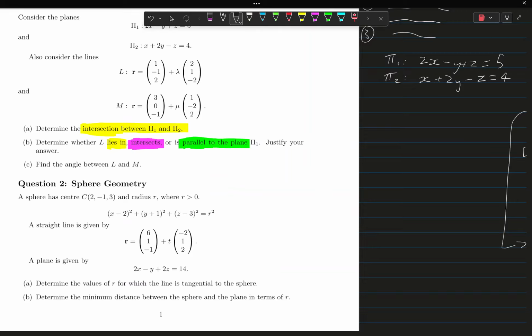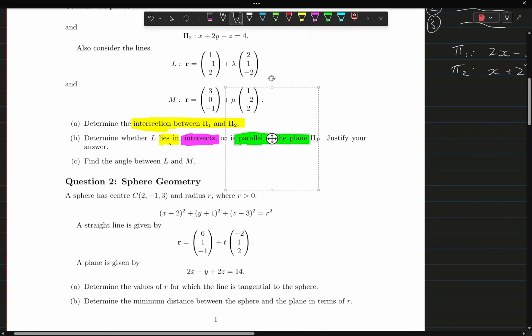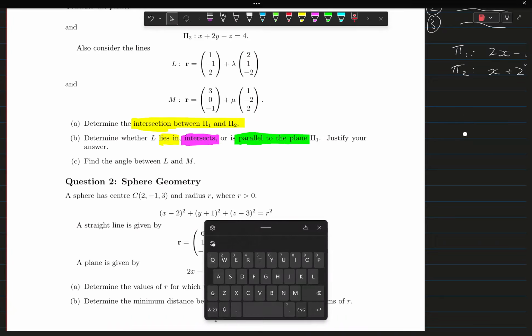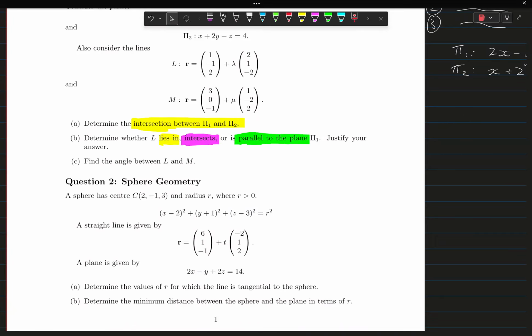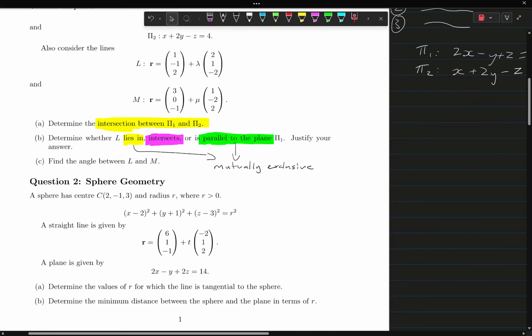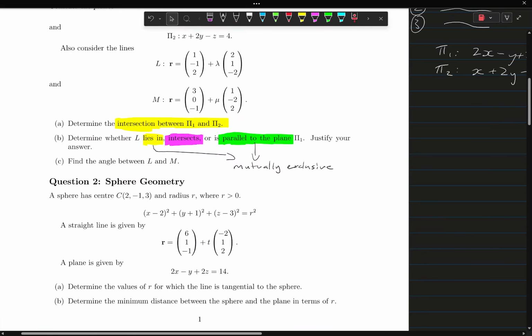So what we have is it either lies in the plane, intersects, or is parallel to the plane. These options are mutually exclusive. Do we need to represent the plane in vector form?